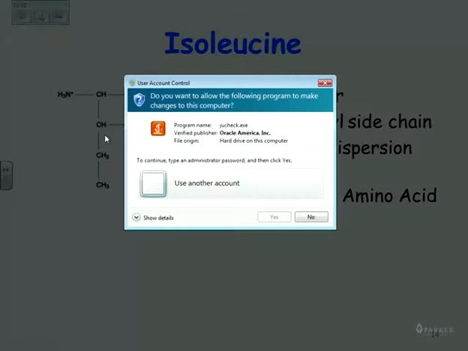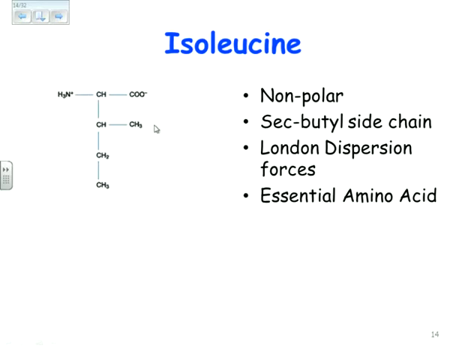You see 1, 2, 1, 2, 3, 4. Do you see the second carbon of that chain is connected? That's where sec comes in, meaning your second carbon of the butyl chain. Or if you want, it looks like an L. But that is sec butyl. This one's also essential, and you need it in your diet.